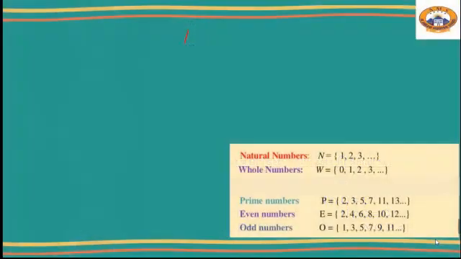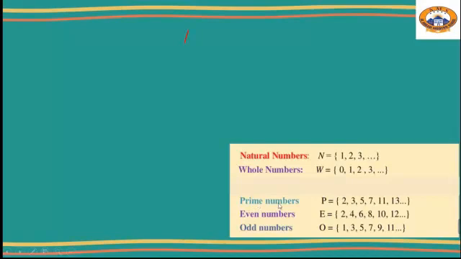Are you sure? Are you ready for some exercises? Let's start. Before answering, let's remember together one more time. Natural numbers, set of N: 1, 2, 3, and so on. Natural numbers are like the counting numbers. What about the whole numbers? No decimal, no fraction: 0, 1, 2, 3, and so on.